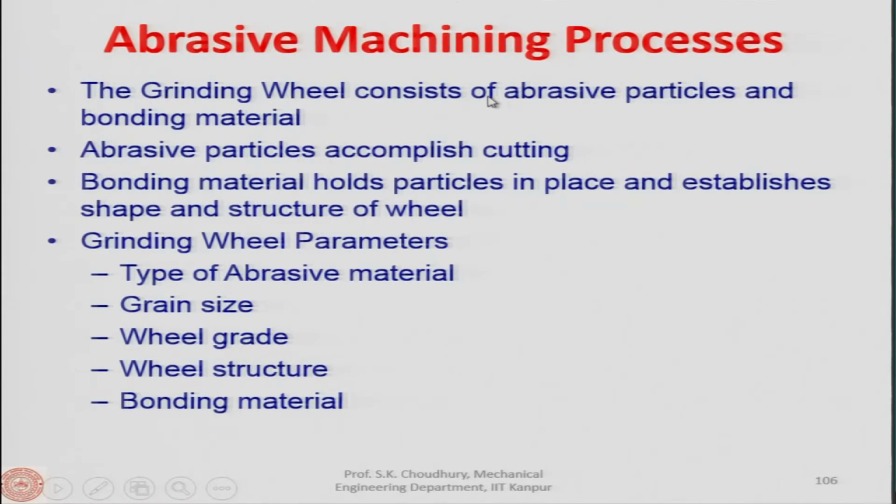Well, the grinding wheel consists of the abrasive particles and the bonding material, because the materials have to be properly bound inside the grinding wheel. That binding material is important because how strong the grinding wheel will be depends of course on the binding material.